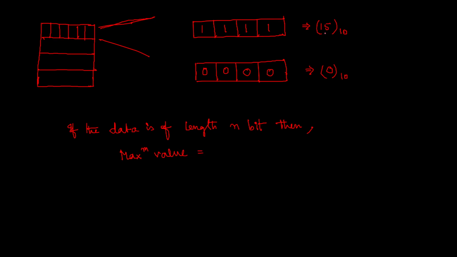It's 4 bits. What is 15? 15 you can also say 16 minus 1. Why am I saying 16? Because 16 means 2 to the power 4. And what is 4? 4 is the total number of bits that I can have stored over here. So as I told you, if it is n bits, then 2 to the power n minus 1 is the maximum value that I can store, and obviously the minimum value is 0.